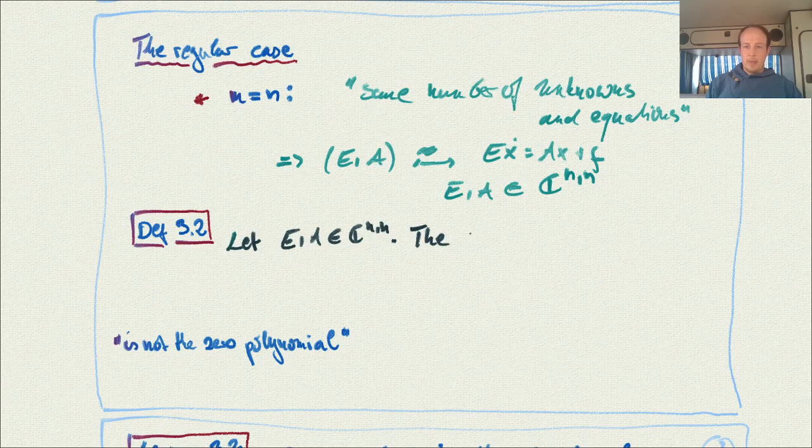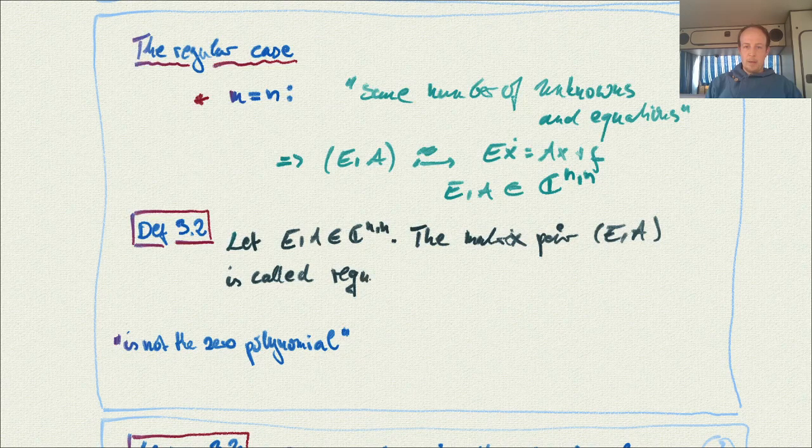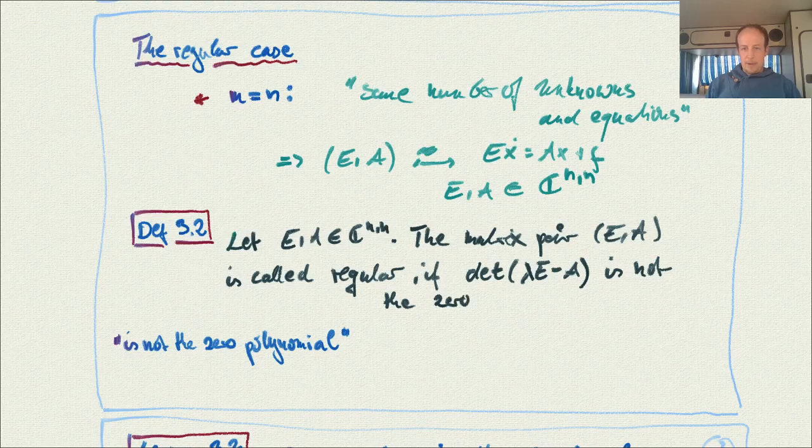Then the matrix pair E, A, so take those two matrices and consider them as a pair, is called regular if the determinant of lambda E minus A is not the zero polynomial. Okay, so this is the definition for regularity.